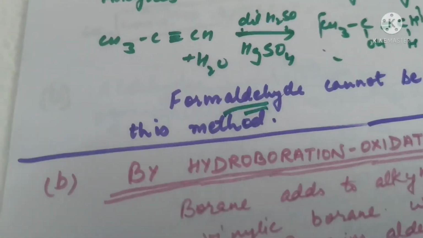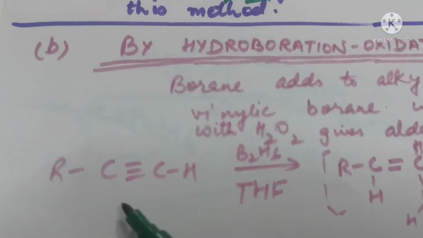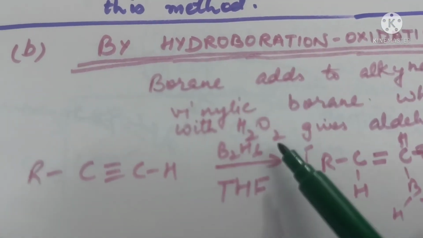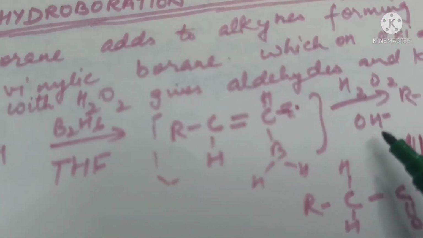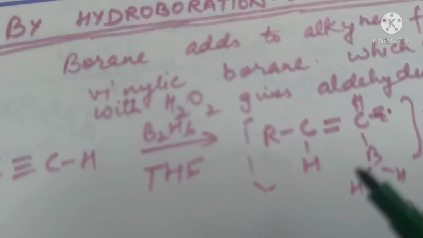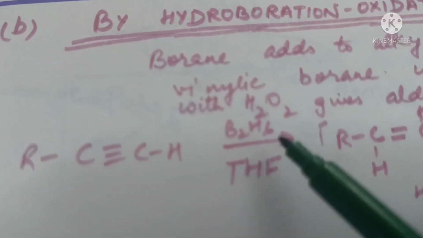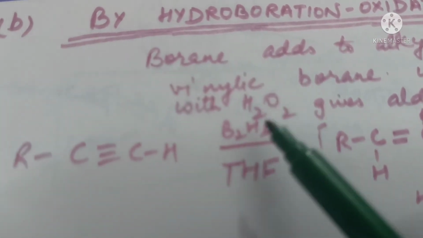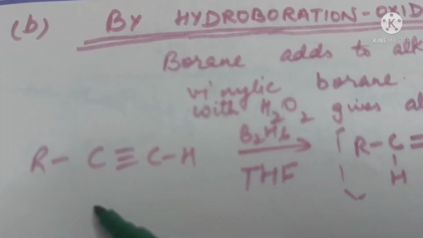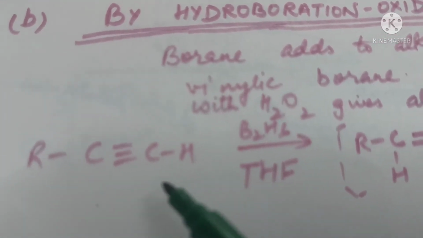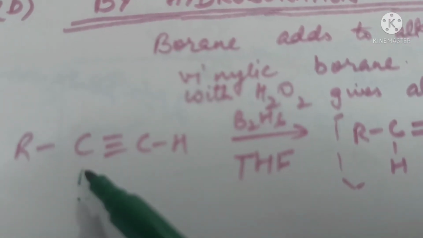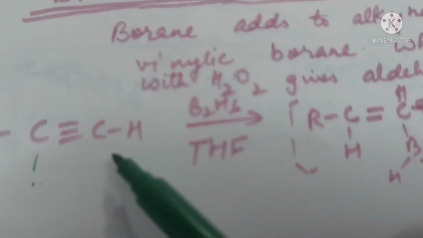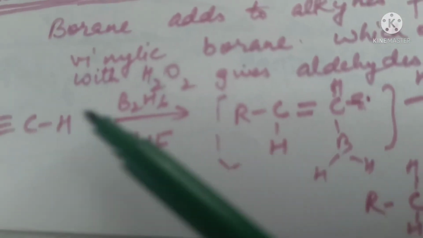And if we react alkynes with diborane and then oxidize with hydrogen peroxide in presence of alkali, in that case, during hydroboration, anti-Markovnikov addition will occur. That is, H will come to carbon containing less hydrogens, and BH2, remaining part, will go to carbon containing more hydrogens.